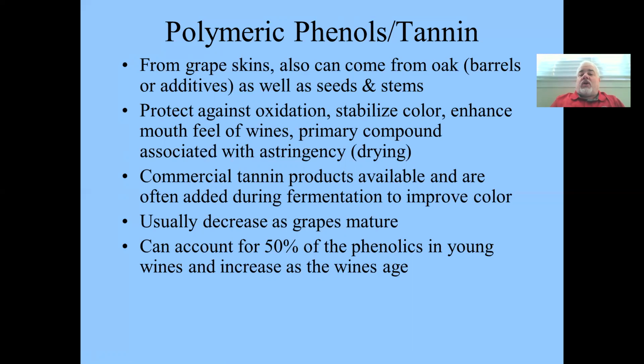So the polymeric phenols and tannins that come out of an oak barrel would be different than the specific types that come out of the seeds and stems from the grapes themselves, or the grape plant themselves. And so it's really important, the type of oak that you use.